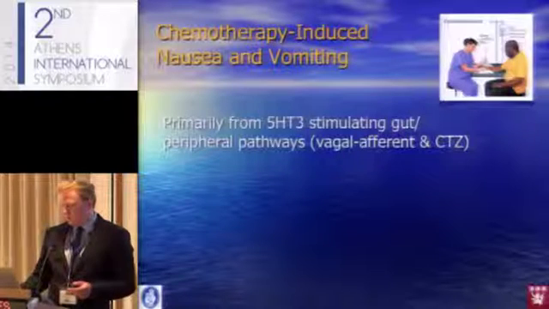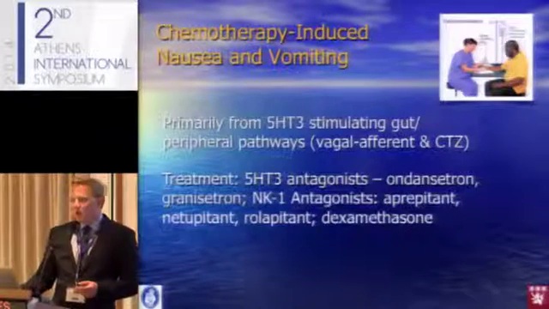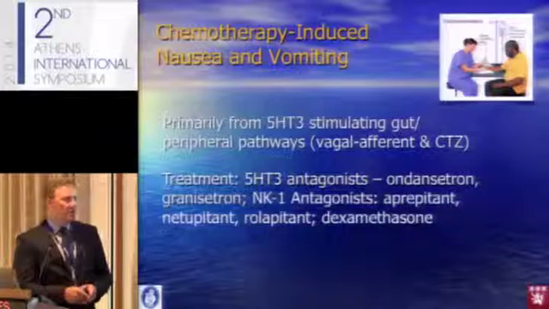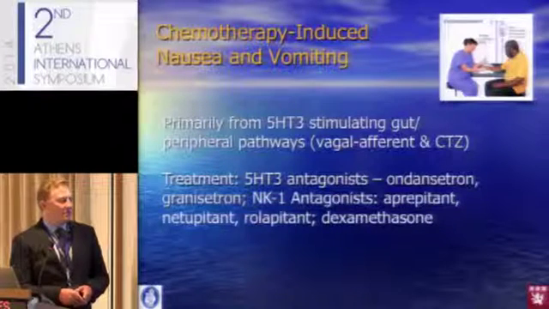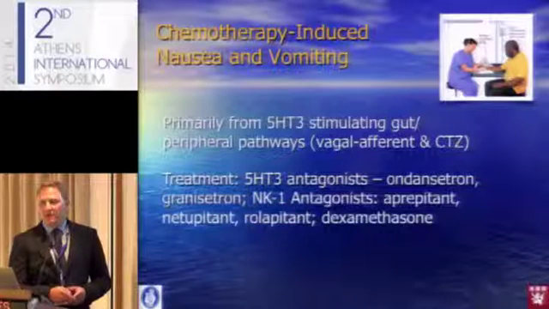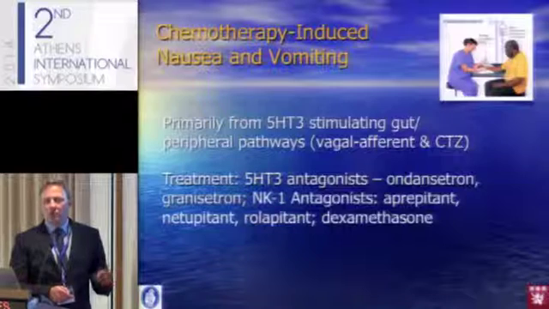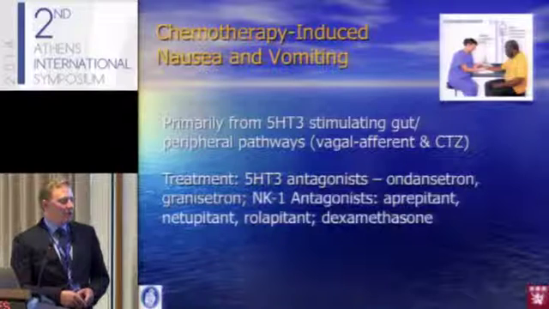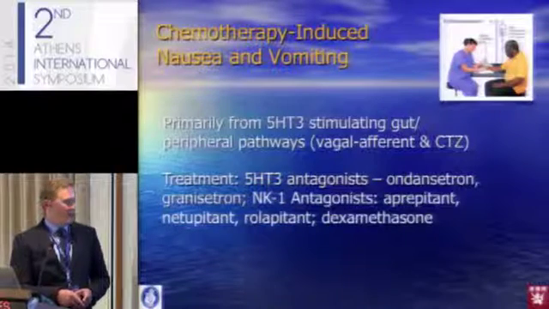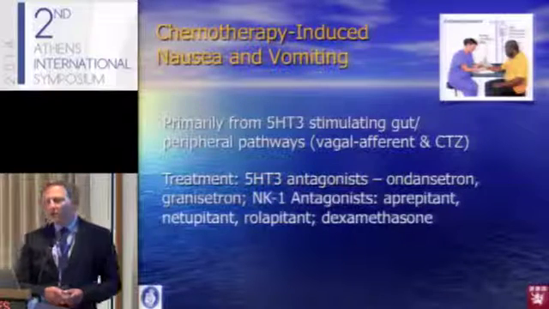So two major pathways. The treatment options are serotonin receptor antagonists, most commonly ondansetron, granisetron, and the others that I mentioned before. And oncologists usually combine this with a neurokinin type 1 antagonist, aprepitant and the other ones, and a steroid.